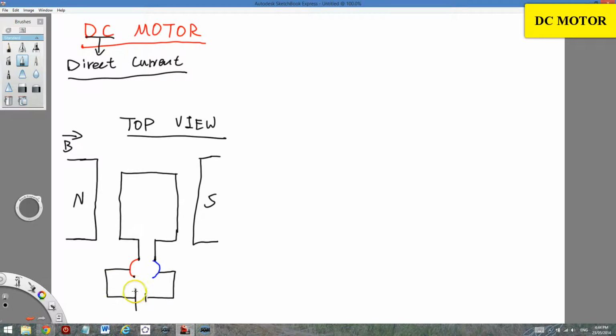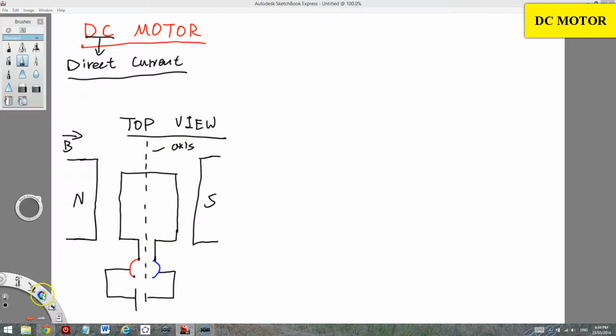Then I have a battery here, connected with a coil inside, with a shaft. I'm drawing a dotted line, and this dotted line is the central axis.